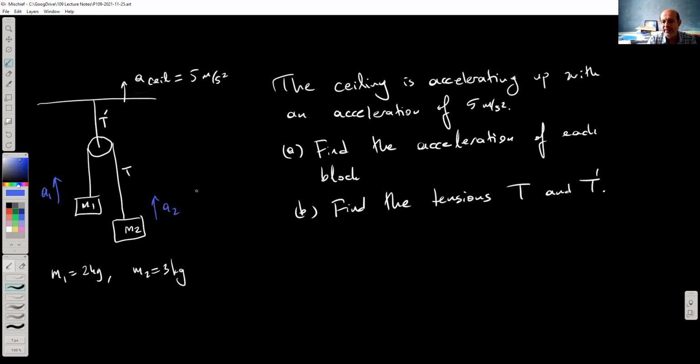And we are going to find these accelerations, okay? One of them might be negative, but I don't care about this, okay? I will also find the tensions in there. In any case, this is also a problem which can be solved as easily in an inertial reference frame.